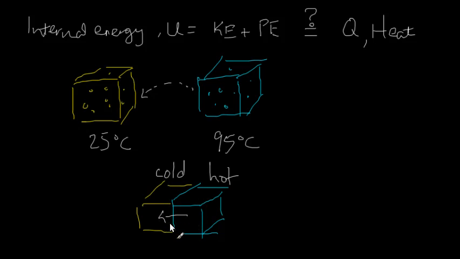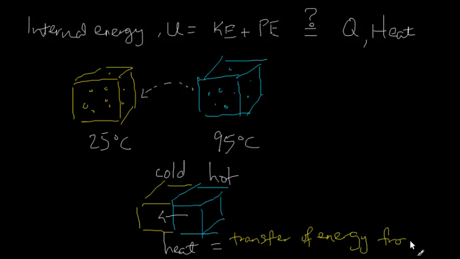And that is an acceptable everyday use of the word heat. So heat flows from hot to cold. Now in physics, we define heat specifically as the transfer of energy from a hotter to a cooler body.